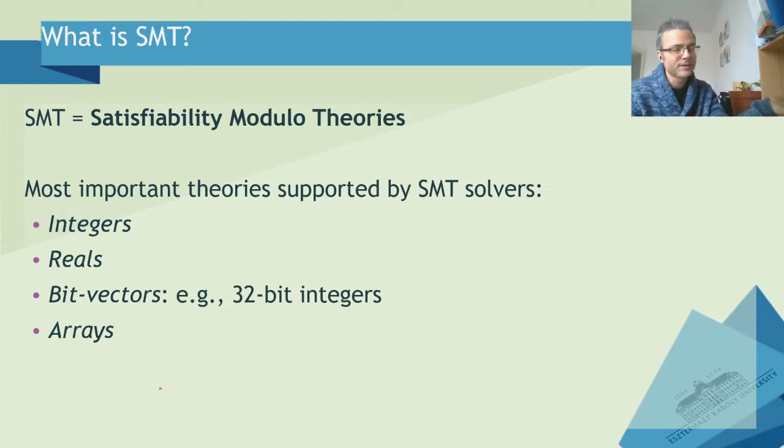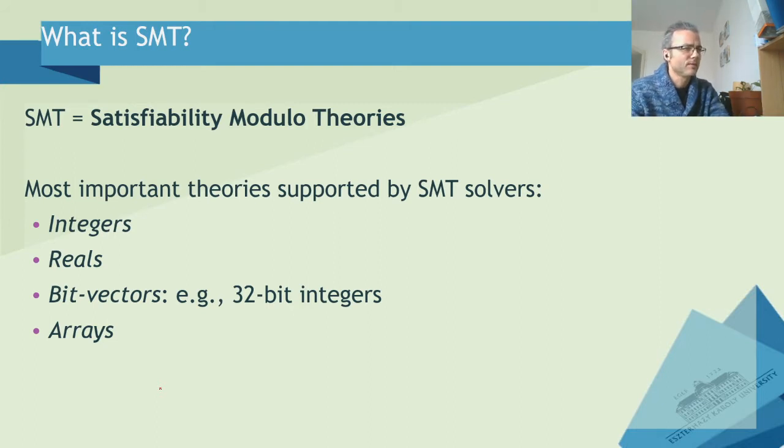Okay, the theories can be of different kinds. We can use the theory of integers in the background, or if you need real numbers, then you can use the theory of real numbers, or if you want, you can use arrays.